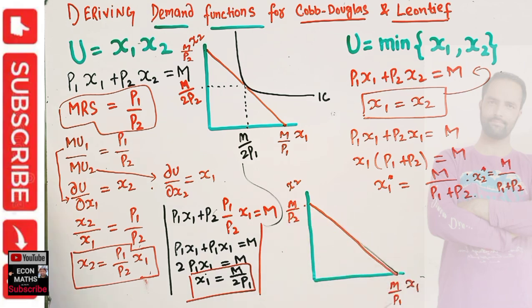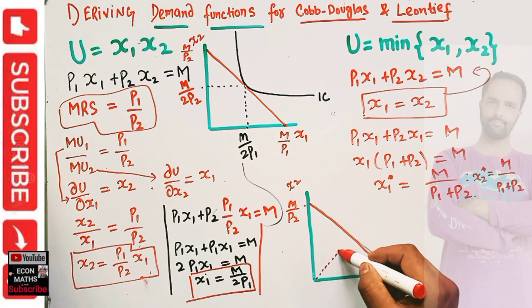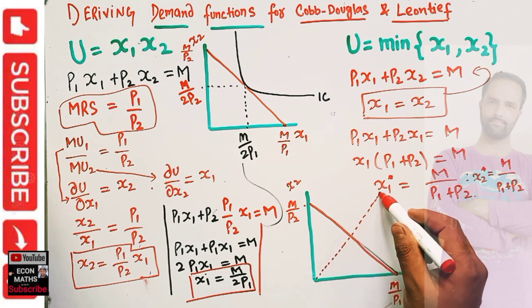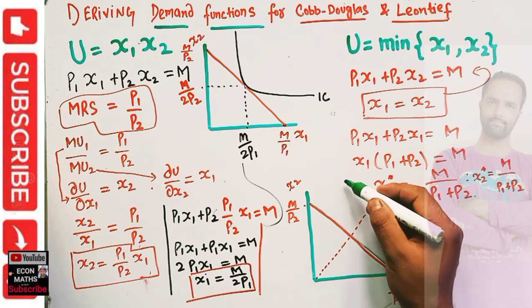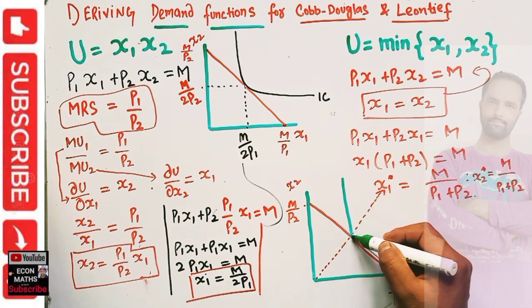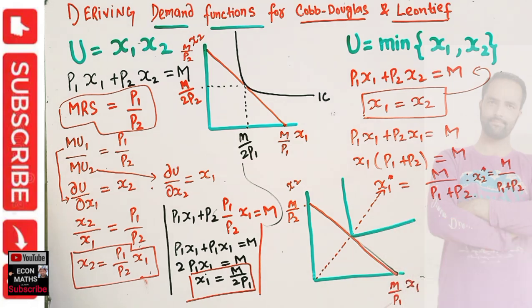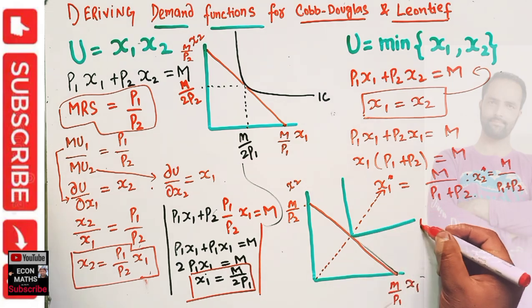Okay, and we also got x1 is equal to x2. So our ray will look like this. Okay, 45 degrees in this case, and the indifference curve in this case will be something like this. Okay, so at equilibrium, this is our indifference curve.